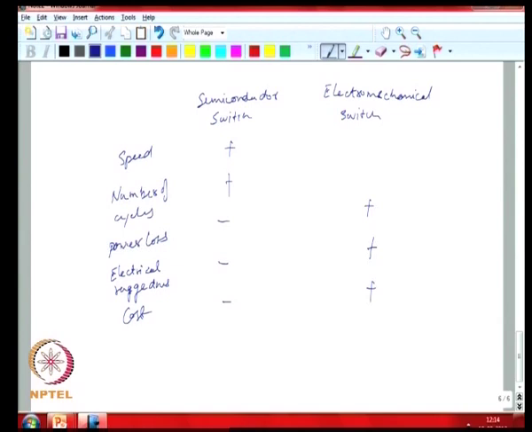So the SCR, or silicon controlled rectifier, would be an early device that has been available since the 1960s. So compared to other devices, it's a mature technology. Okay. Compared to IGBTs, transistors, etc., it has much higher surge current rating.